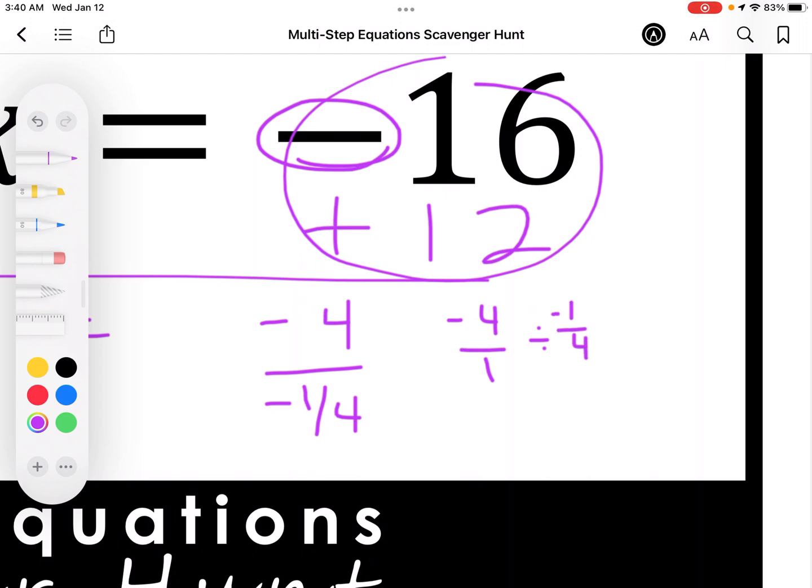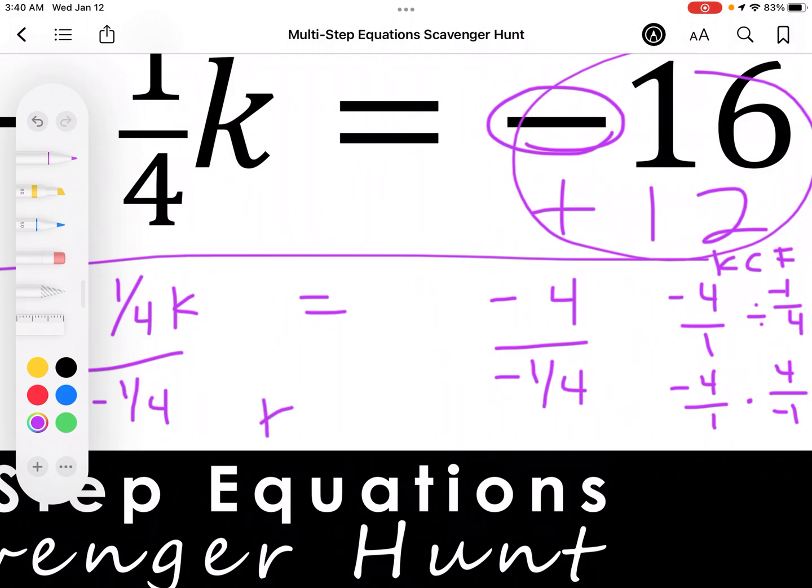Don't leave your negative out. Keep, change, flip. Negative 4/1 times 4 divided by negative 1 equals negative 16 divided by negative 1, which would be positive 16. So k equals 16.